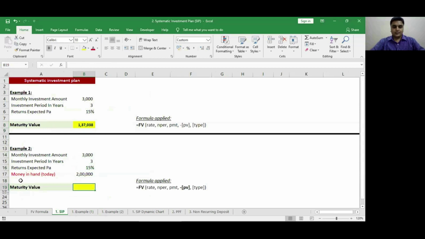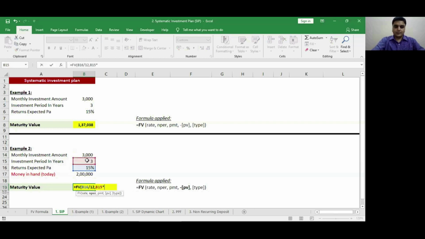In this, there's only one additional parameter as compared to example number 1, that money in hand today is 2 lakh rupees. So अगर मैं आज 2 लाख रुपए plus additionally मैं 3,000 rupees भी invest करता हूँ, so what will be the future value after 3 years? So again, I will use the FV function, rate divided by 12. Number of periods will be 3 into 12.